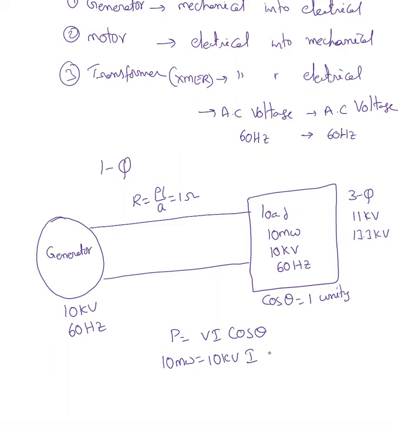I we don't know, and cos theta equals 1. So I equals 10 times 10 to the power of 6 over 10 times 10 to the power of 3. Mega is 10 to the power of 6, kilo is 10 cube. You will end up with 1000 amperes. So this wire is carrying 1000 amperes of current.